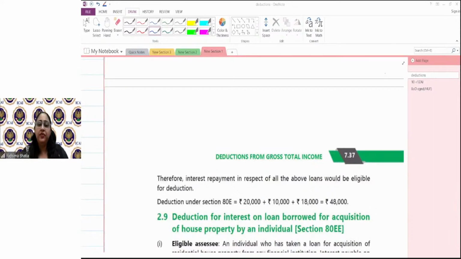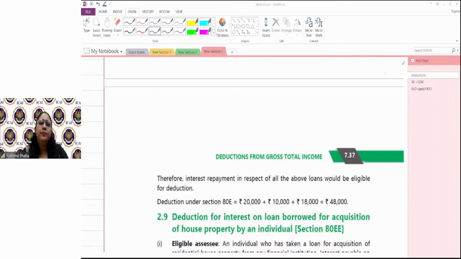Any person can claim it; I have not written resident or non-resident, so any individual can claim it. No, 80E is not for HUF.